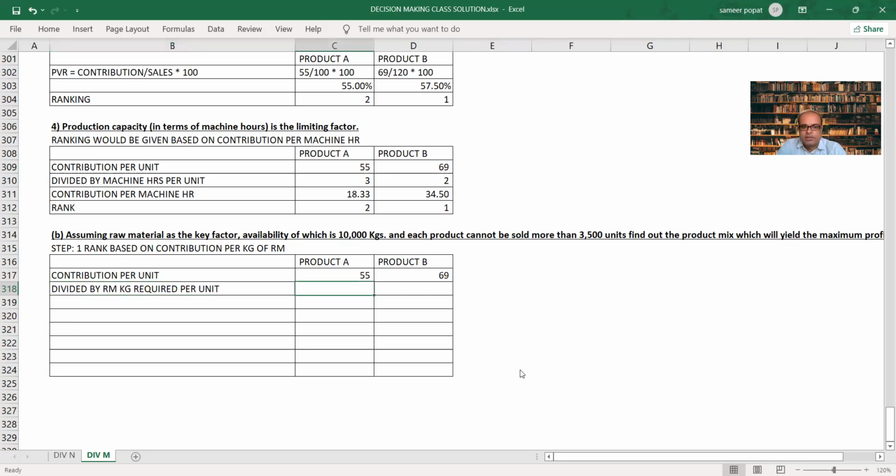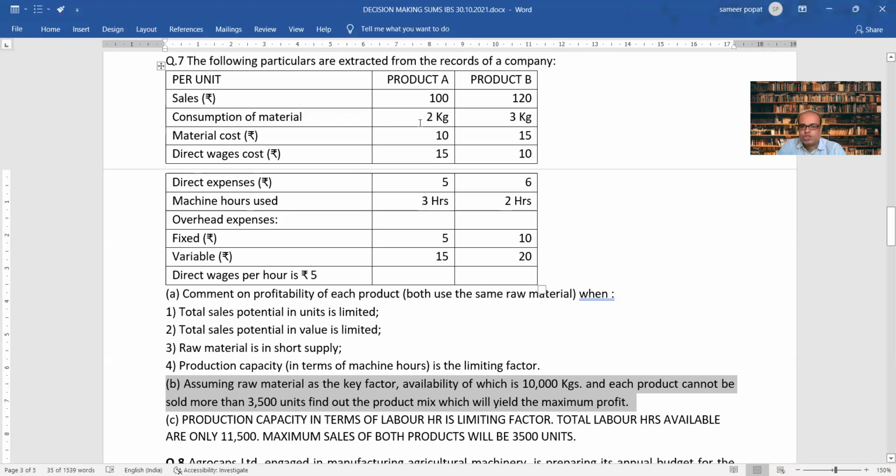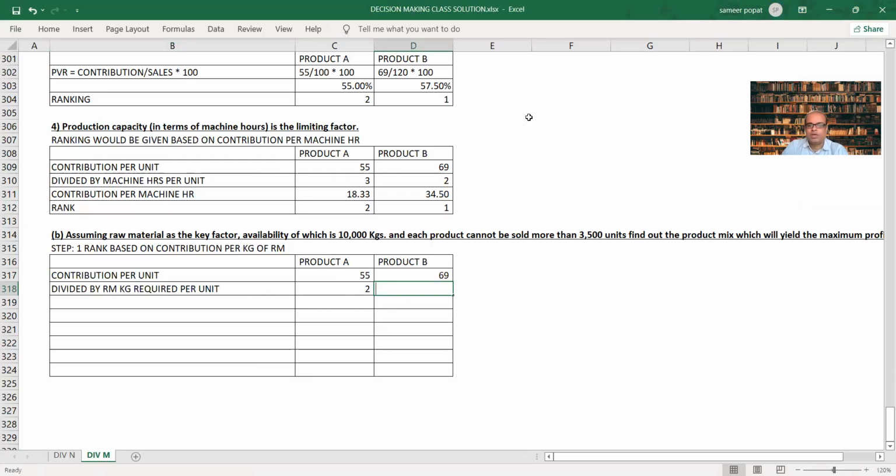So here it is given that consumption of material is 2 kgs for A and 3 kgs for B. That means to manufacture 1 unit of A, we need to use 2 kgs, and to manufacture 1 unit of B, we need to use 3 kgs. So we'll get contribution per kg of raw material: 55 by 2, 69 by 3.